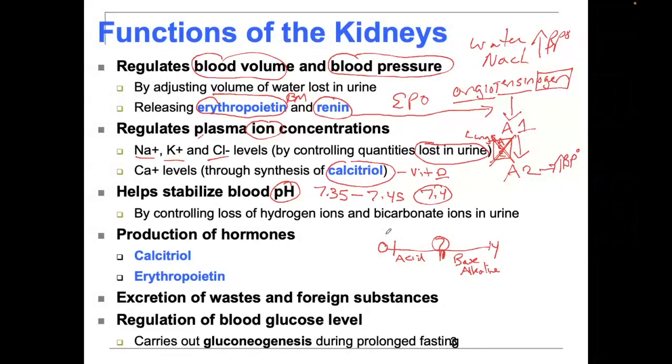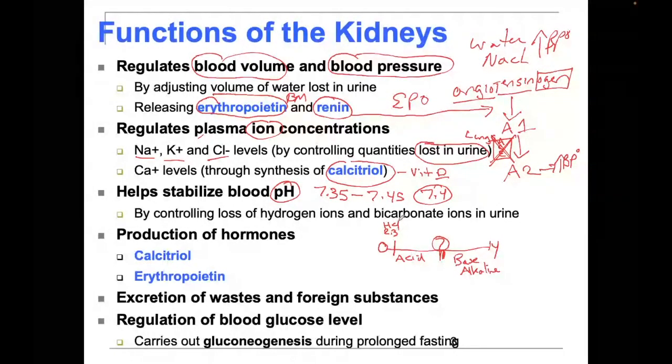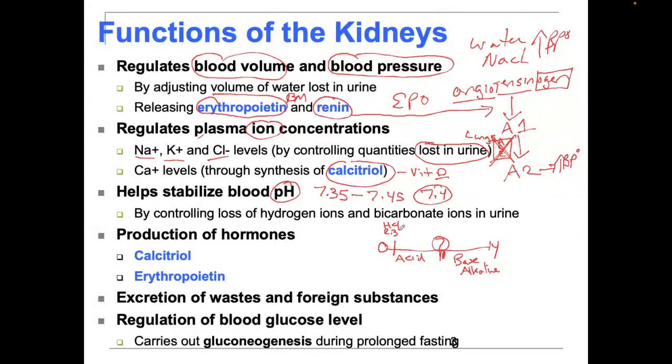Whereas if we look at the stomach, we have hydrochloric acid, HCl, in the stomach. The pH is 2.3. Well, that's acidic. Hydrochloric acid, 2.3. Right? So that's a little bit about pH, but the kidneys are involved in regulating it by controlling the loss of hydrogen and the loss of bicarbonate ions.